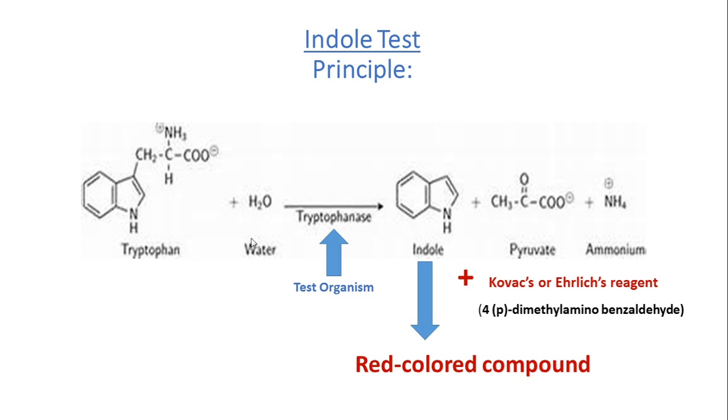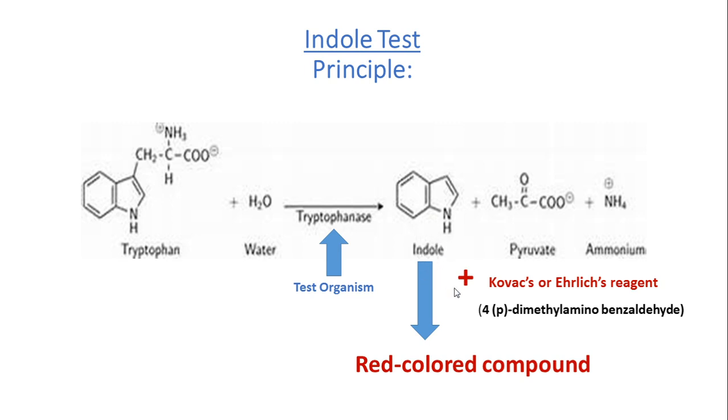The principle behind this is that some organisms have the enzyme tryptophanase, and this tryptophanase can hydrolyze the amino acid tryptophan, which is present in the culture medium as a nutrient, into one of the metabolic products, that is indole.